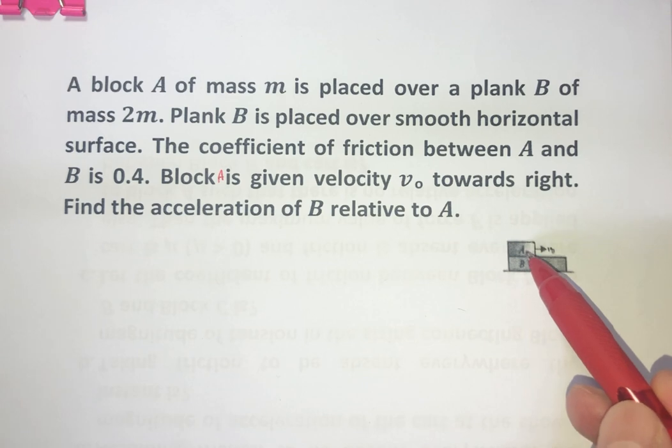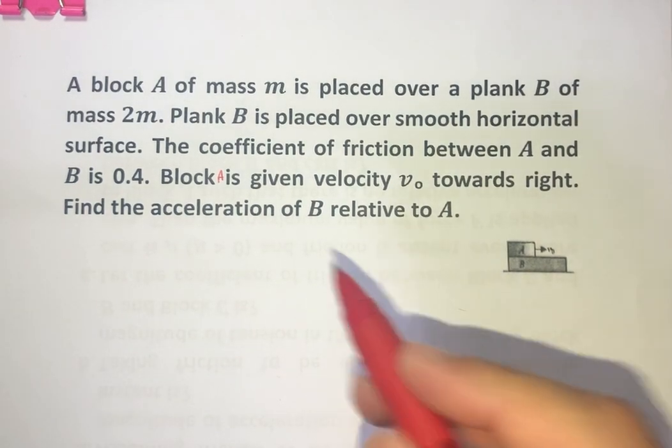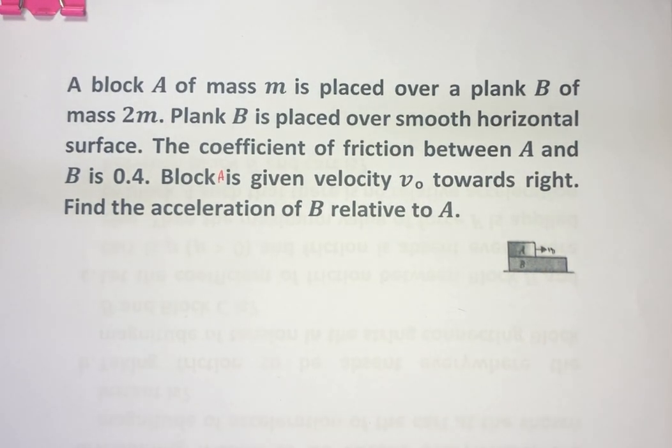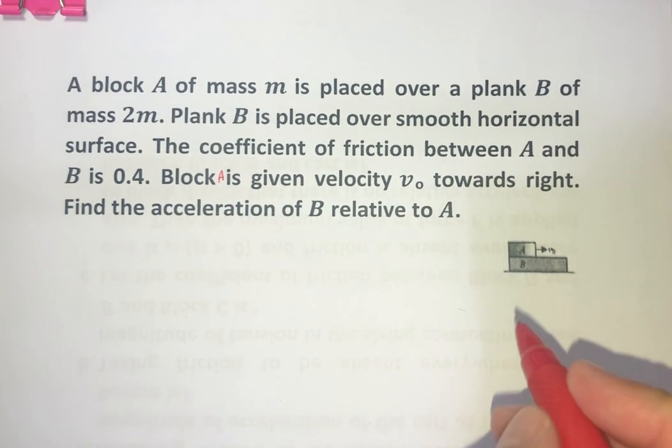So this is the figure, A and B. A is placed over B and v0 velocity is given to A. And the friction between A and B. So let's draw first of all how the frictional force will be acting on both of them.